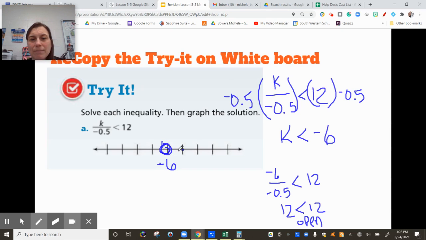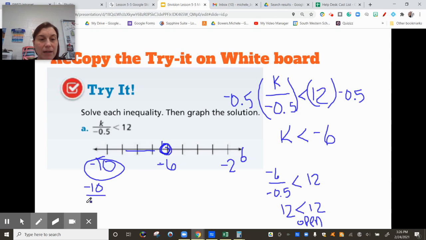So I'm going to make 5, 4, 3, 2. Here's negative 2 over here. And 7, 8, 9, 10. Here's negative 10 over here, which makes this over here 0, by the way. So if I go with my solution the way it is, it looks like I'm supposed to be graphing this way. So I'm going to pick like negative 10 here and put it in my inequality. So negative 10 divided by negative 0.5.